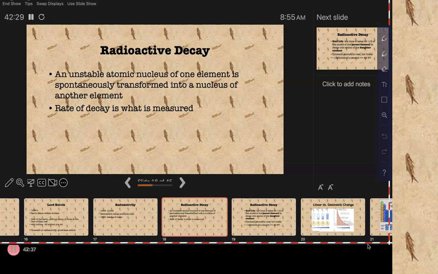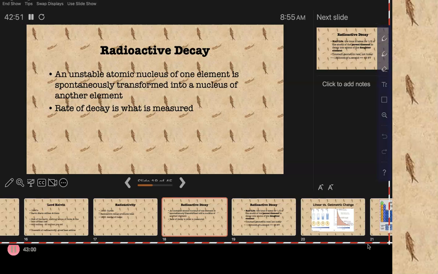Anyhow, what they found is that they could actually measure the rate of decay. They could say, okay, it takes this long to turn from U-236 to U-235. And then they go into these rocks and they measure the amounts, ratio-wise, of the two uraniums.